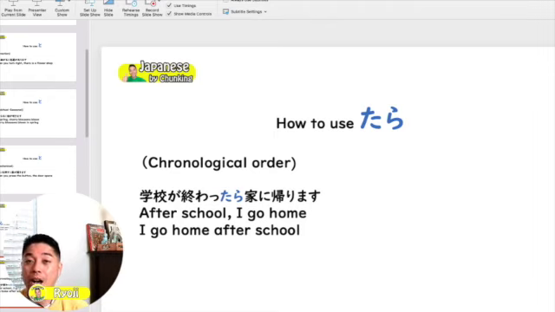How to use たら。So you can use this for chronological order. 学校が終わったら家に帰ります。So after school, I go home. I go home after school. So something ends and then you do another action.